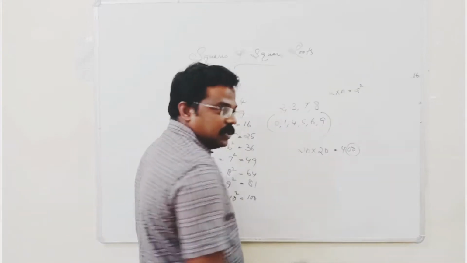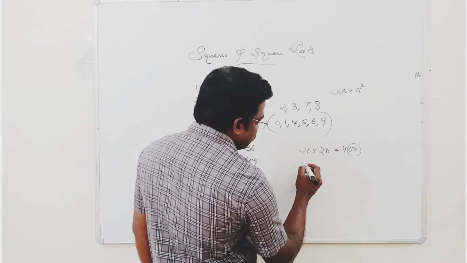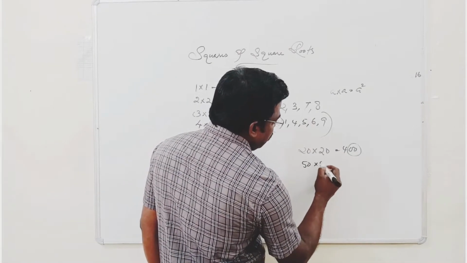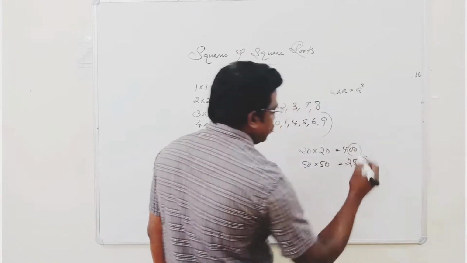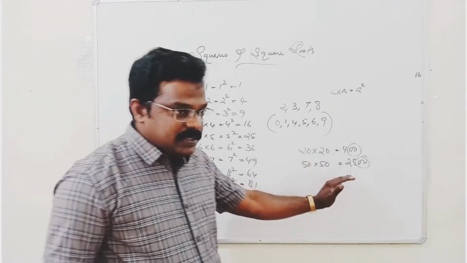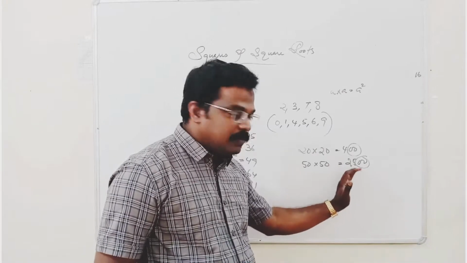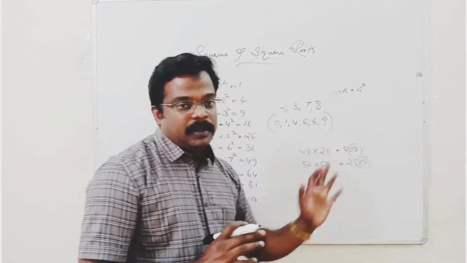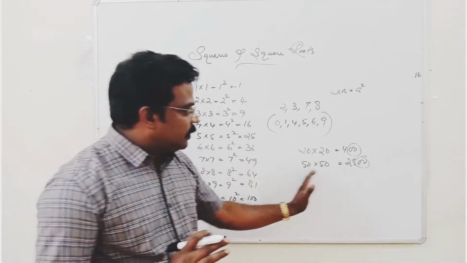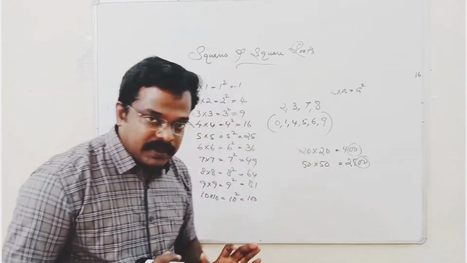So here also 2 zeros. Then if it is 50 into 50, here also 2 zeros. So whenever we check perfect square numbers, the number of zeros will be an even number. Okay, so then only we can say that it is a perfect square.